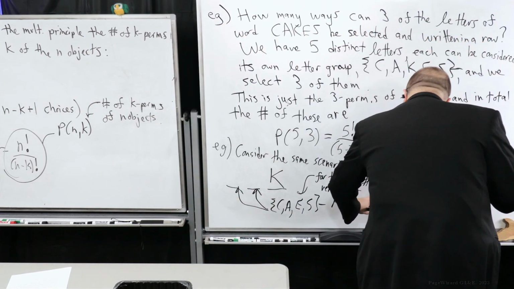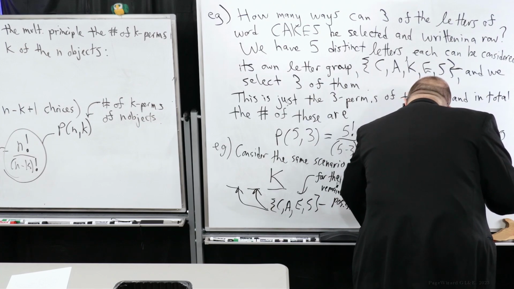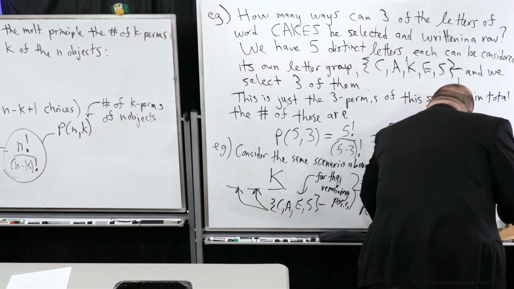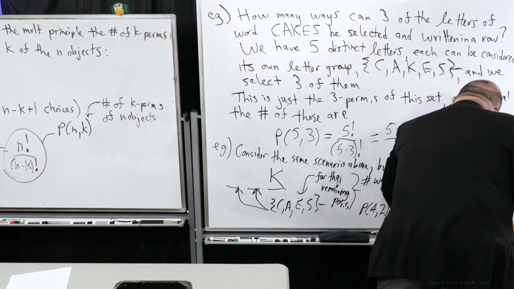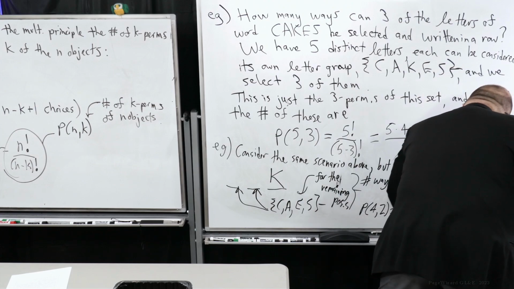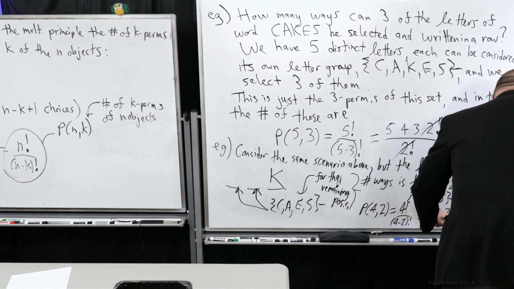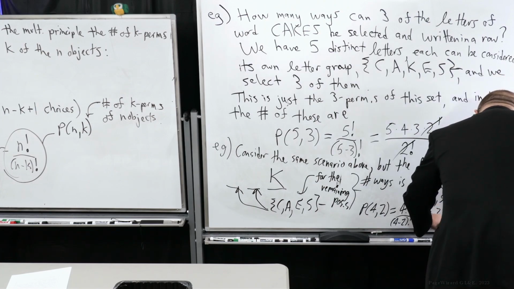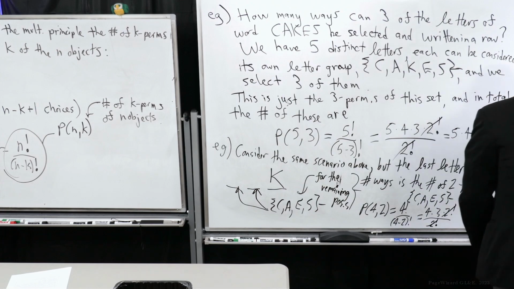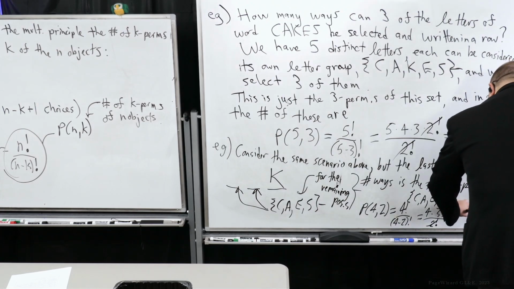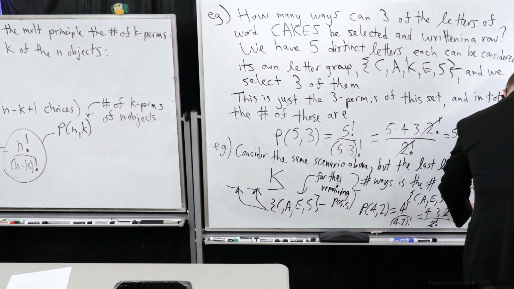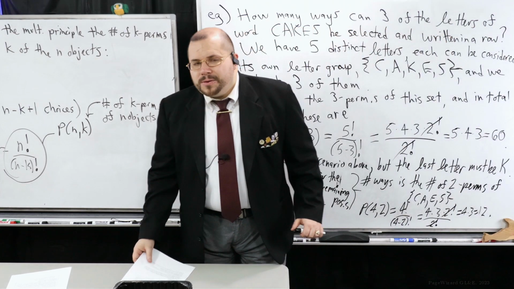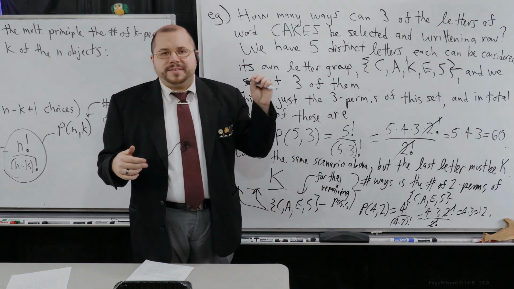So this is going to end up being P 4, 2, which equals 4 factorial over 4 minus 2 factorial, which equals 4 times 3 times 2 factorial over another 2 factorial. These 2 are going to cancel. So I end up with 4 times 3, which is equal to 12. Piece of cake, right? That's all I have to say about permutations, at least at this stage.